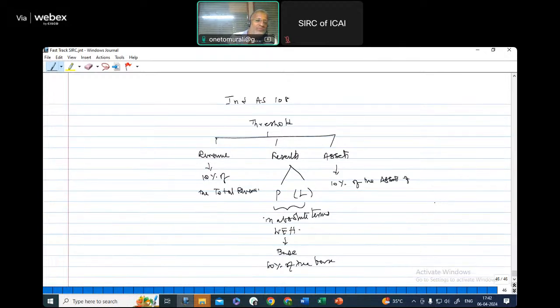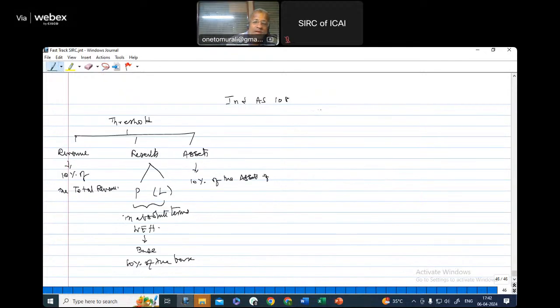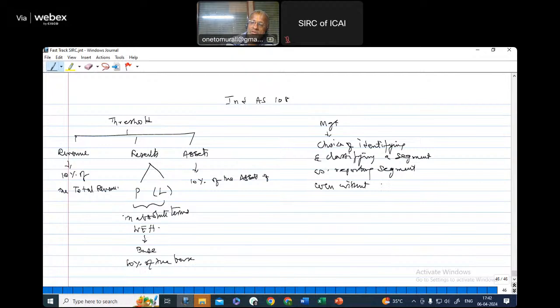And when you have these threshold points like this, management has got the choice of identifying and classifying a segment as a reporting segment, even without satisfying the thresholds.